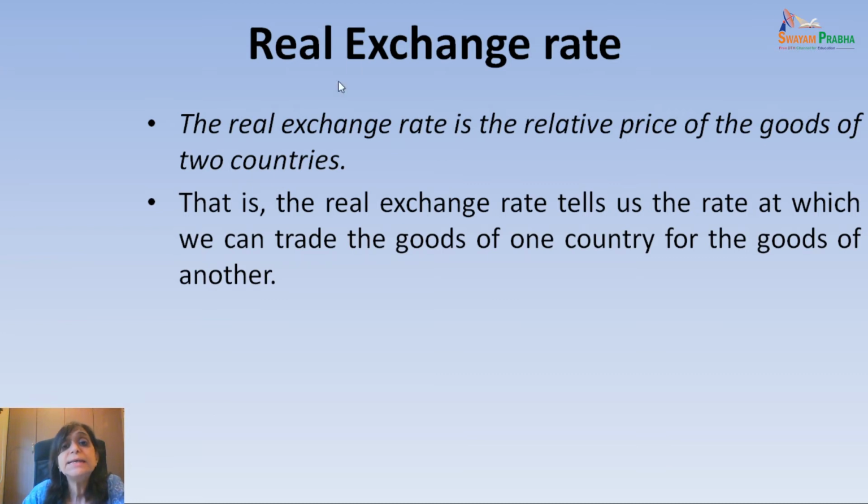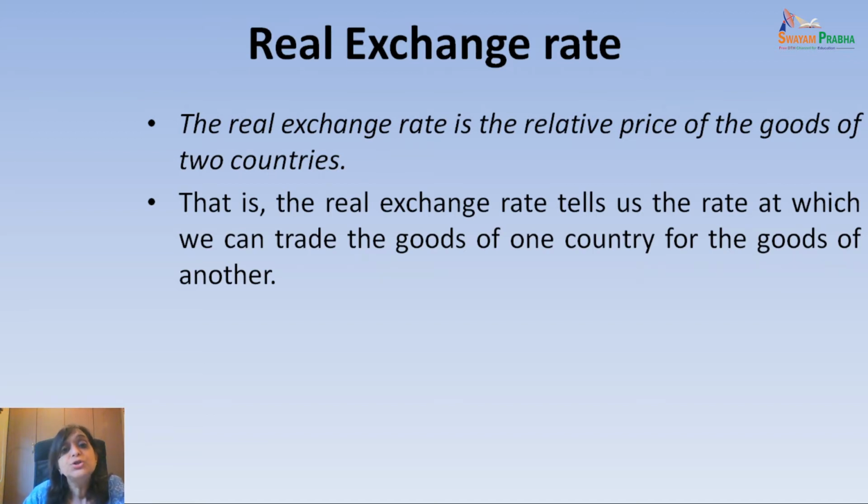So, the real exchange rate basically tells us the rate at which we can trade the goods of one country for the goods of another country. Whereas in the nominal exchange rate, we had just seen that if you want to trade one currency for another, at what rate it is trading, at what rate you are exchanging rupee to dollar.